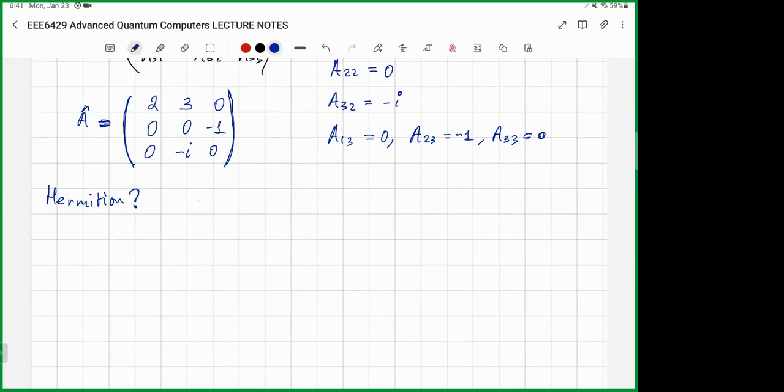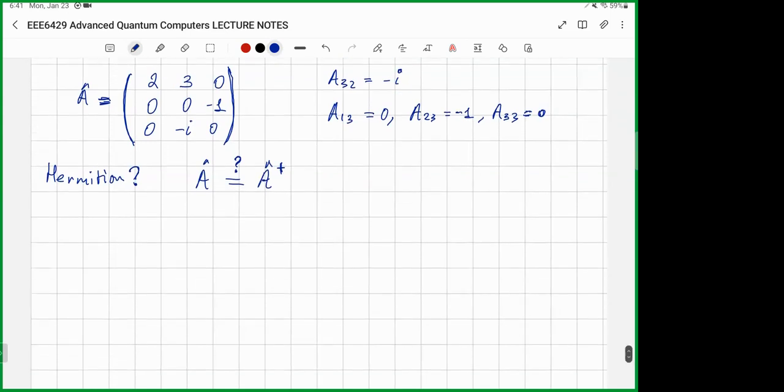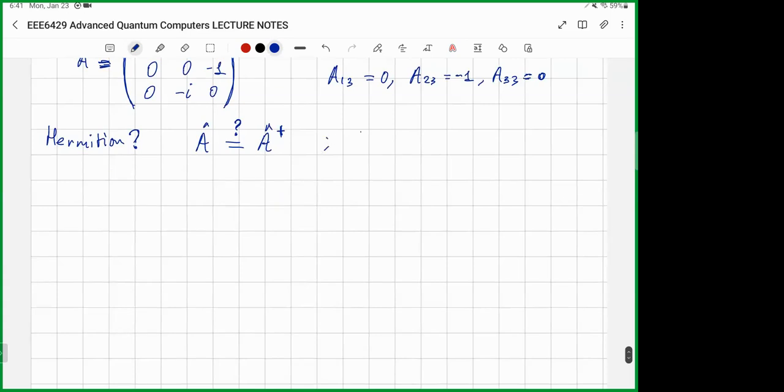In this case, we should check that this matrix A is equal to the matrix A Hermitian conjugated, A dagger. And A dagger, I remind you, is the transpose and complex conjugation operation. You basically apply first transpose and then complex conjugate the elements, or vice versa. The order here doesn't matter.